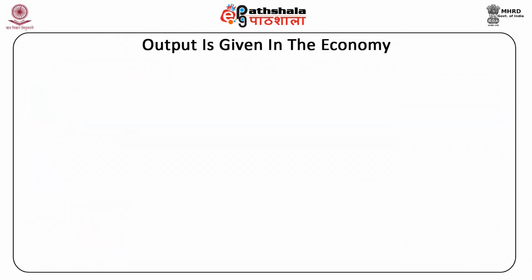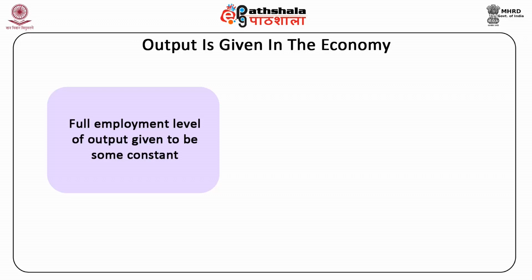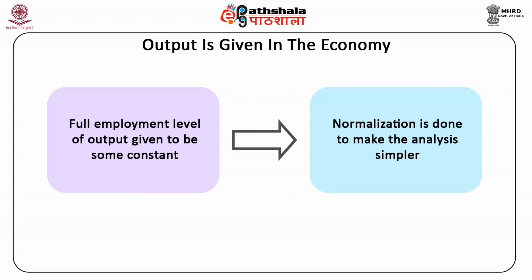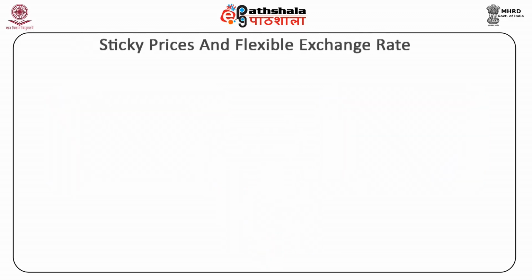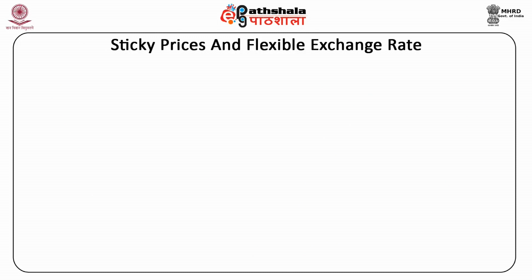Moving on to the next assumption, we have that output is given in the economy. The model assumes that the full employment level of output, or the natural output, in the economy is given to be some constant. Further, we have sticky prices and flexible exchange rates.